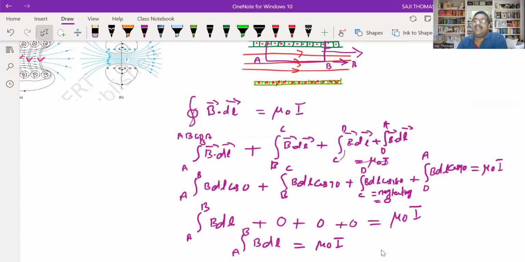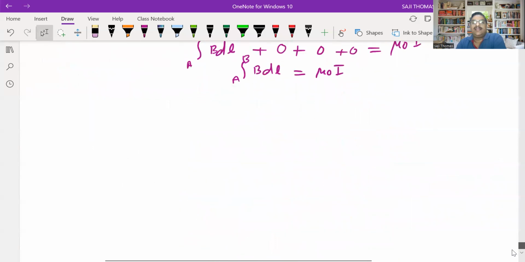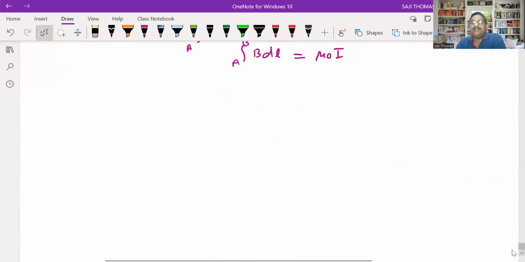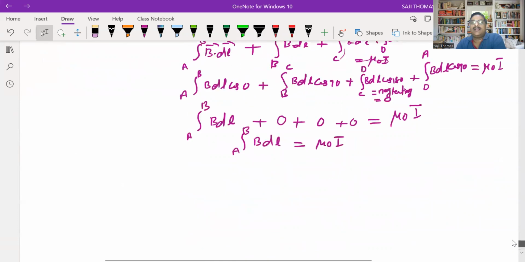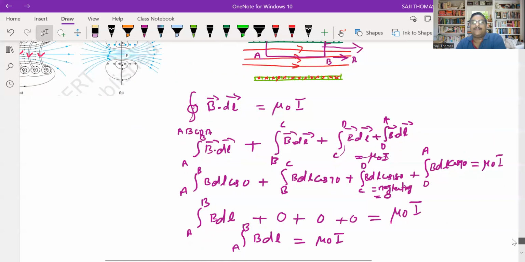And what is this I? I is the total current circulating through the solenoid. You can see that through each turn, the current coming into the solenoid is I only.